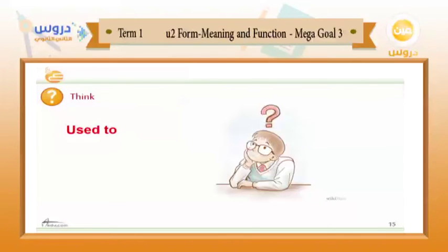Now, think about used to. What do we mean by used to? When do we use used to? How do we use used to? So, according to this timeline, something happened in the past, continued in the past, and stopped in the past.